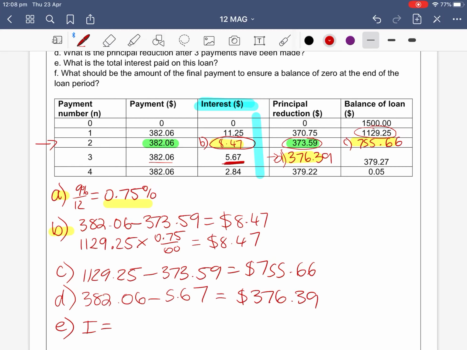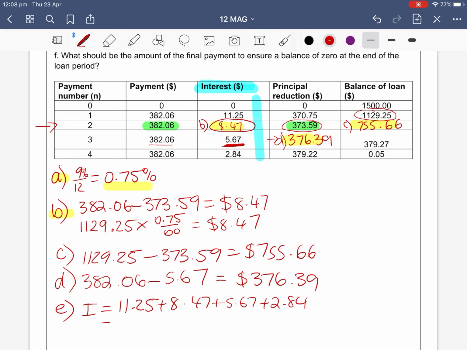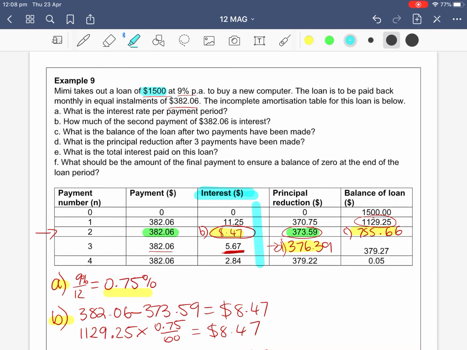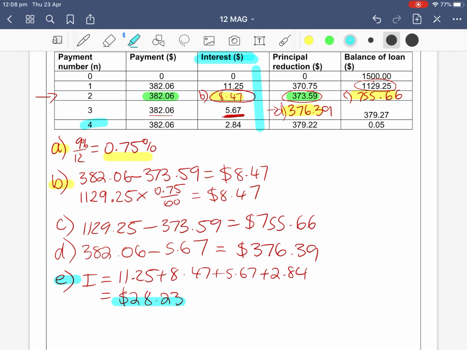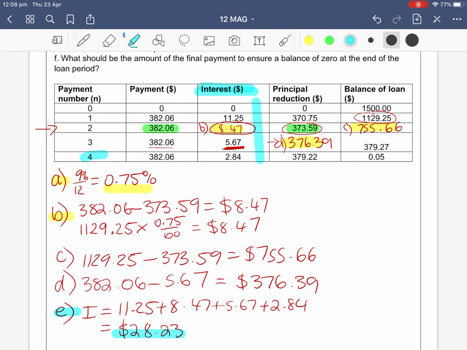At capital I for the total interest paid, if we add up 11.25 plus 8.47, we get the total interest paid over the life of the loan is $28.23. That's not a lot of interest, but we don't expect it to be a lot of interest because he's only taking out $1,500 and he pays it back after 4 months. All right, so it's not a very big loan and not a very long loan either.